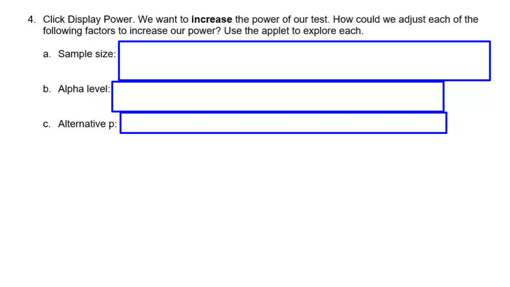Write down your observations. Only play with one thing at a time, and write down what your observations are. What do you do that increases the power?